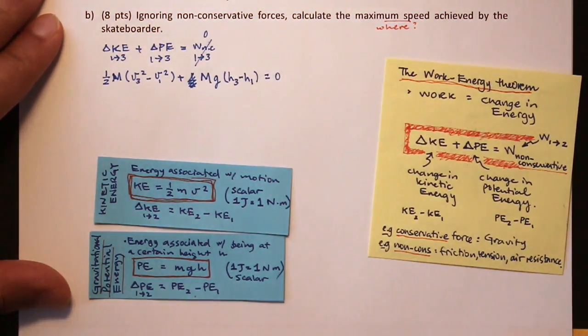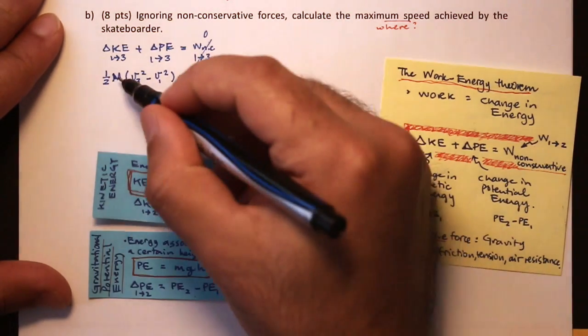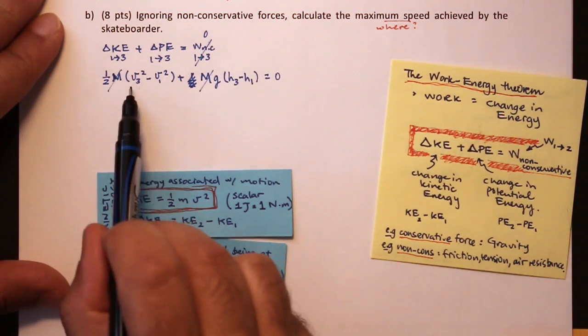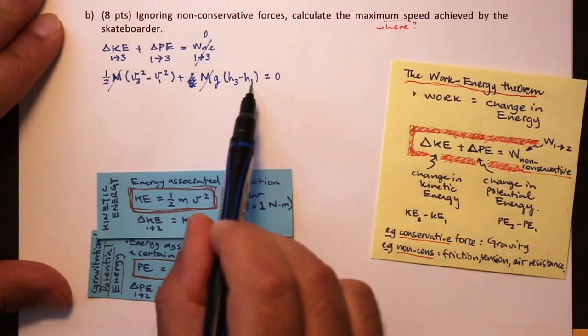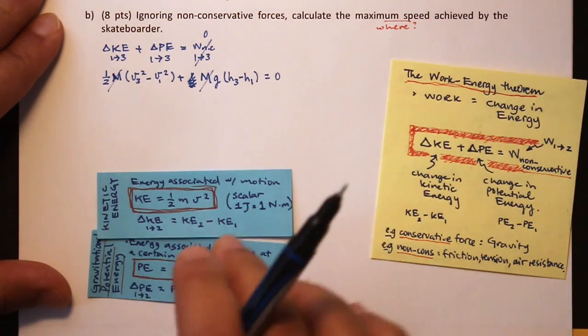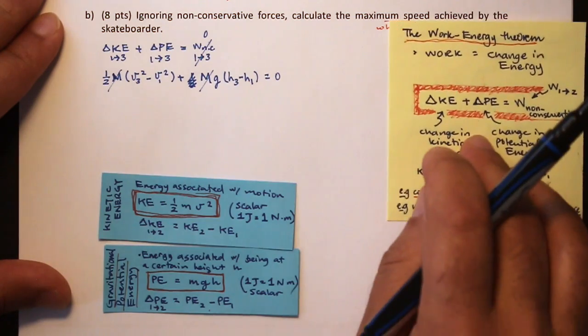I could divide both sides by m, so this goes away, and I'm left with the differences between the velocity squared and the h's. So I gotta figure that out.